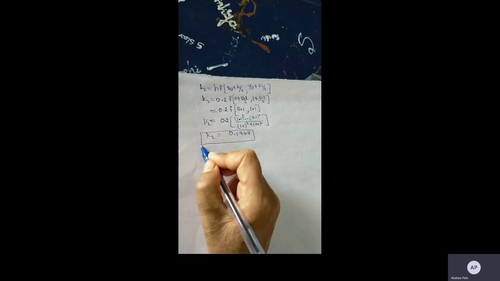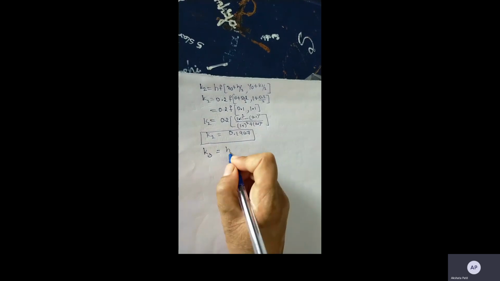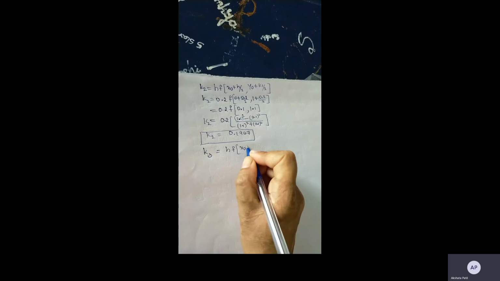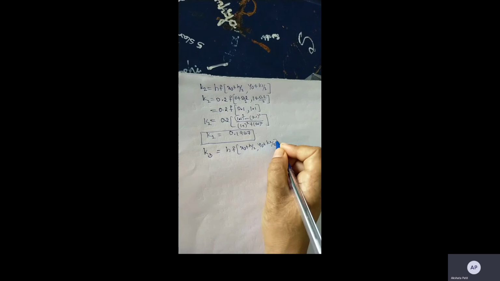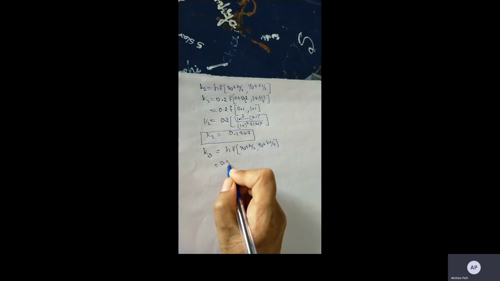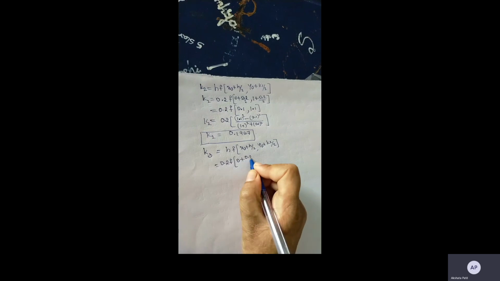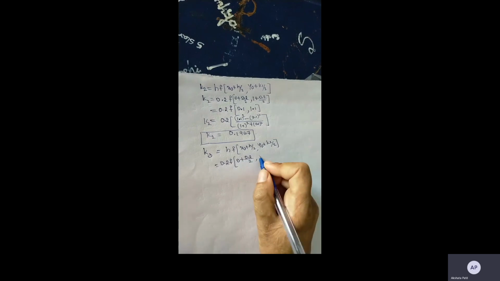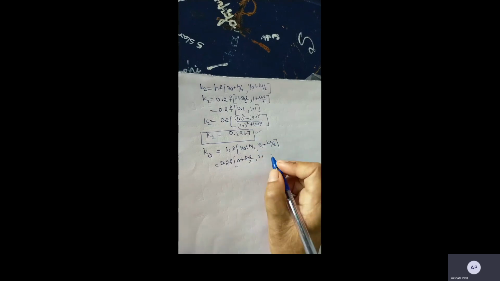Now let us calculate k3. The k3 formula is h into the function of x0 plus h by 2 comma y0 plus k2 by 2. Substitute: h is 0.2, x0 is 0 plus 0.2 divided by 2, which is 0.1, and y0 is 1 plus k2, which we obtained above, 0.1967 divided by 2.